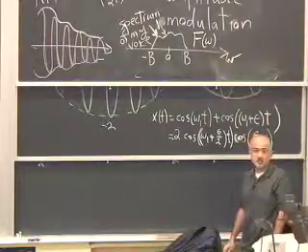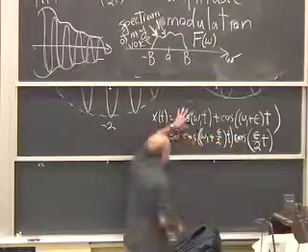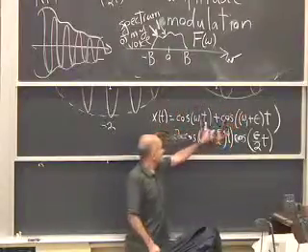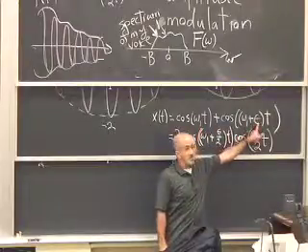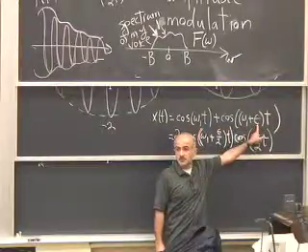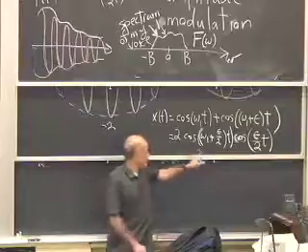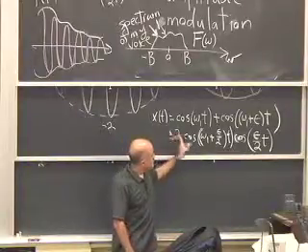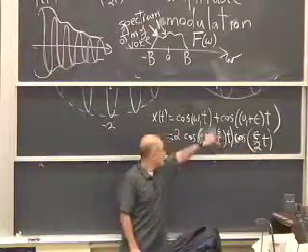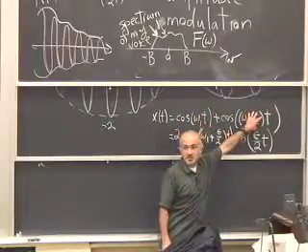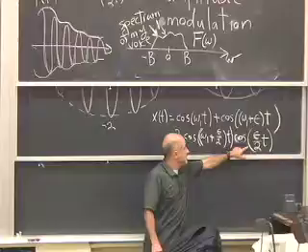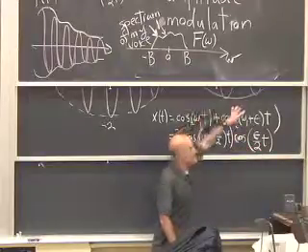Are we all here? So I'm adding two cosines that are very close to each other in frequency. One of them is at omega 1. The other one is just ever so slightly different. According to my identity, this is equal to the product of two cosines, where the first cosine has the frequency which is the average of the two frequencies, and the second one is the difference divided by 2.